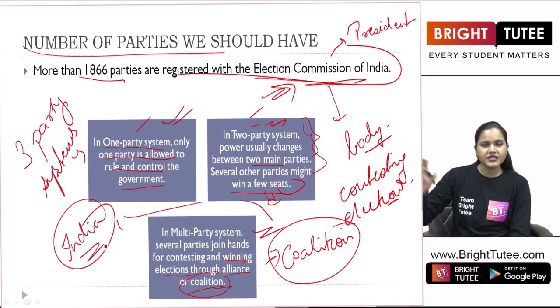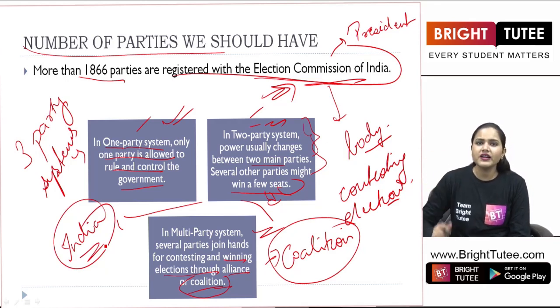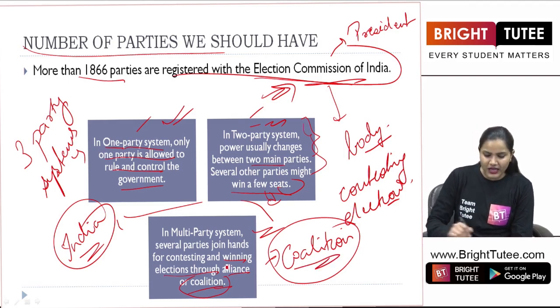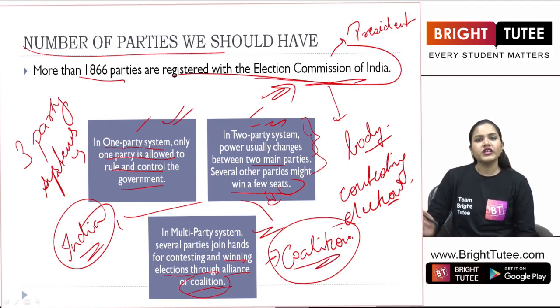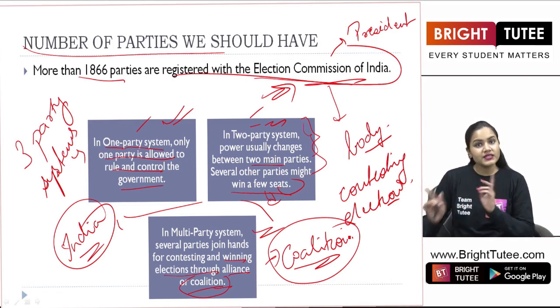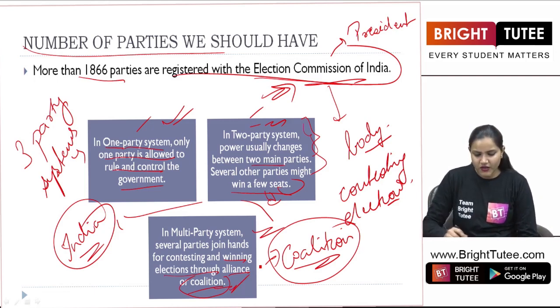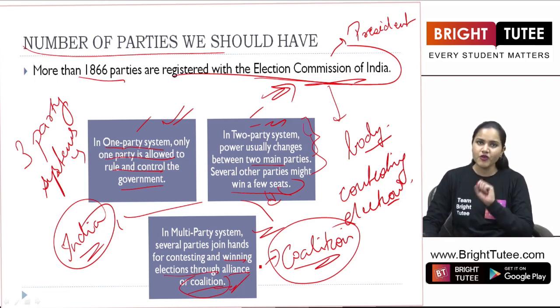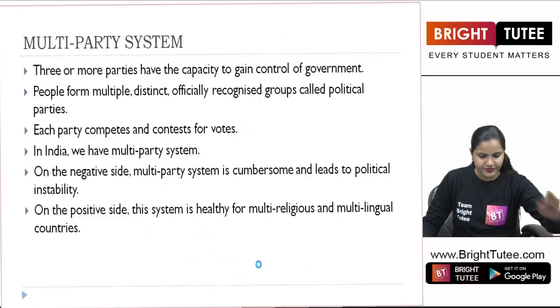And the term alliance or coalition, what does that mean? It means that when any single party does not have enough majority to form the ruling party, what do they do? So, they form an alliance, right? So, different parties come together to form an alliance, and such a form of government is known as the coalition government, right? So, the government formed by alliance.